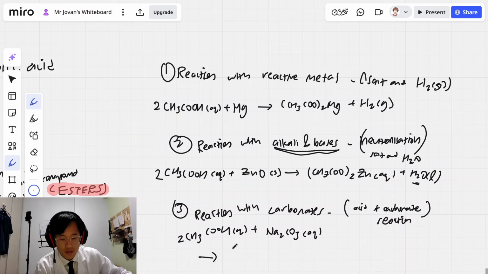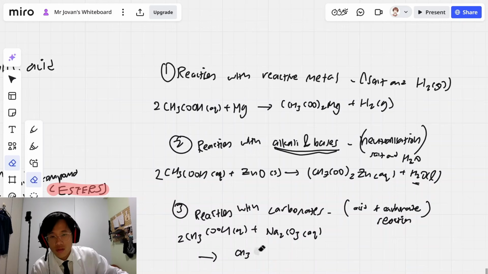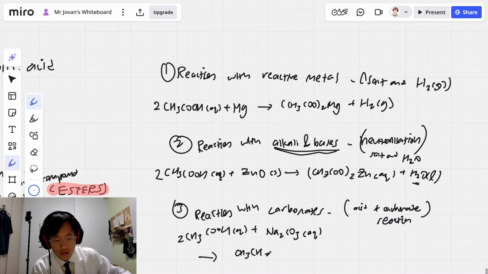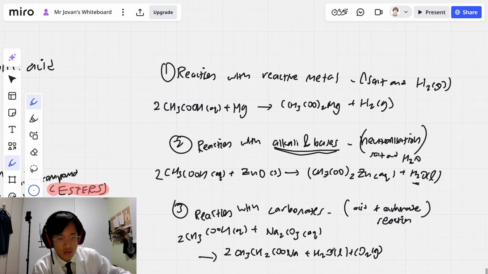Okay, what's the end product? CH3CH2COONa, plus H2O liquid plus CO2 gas.